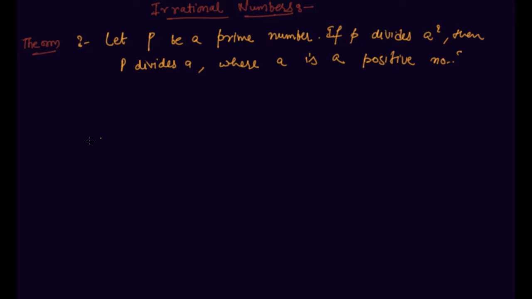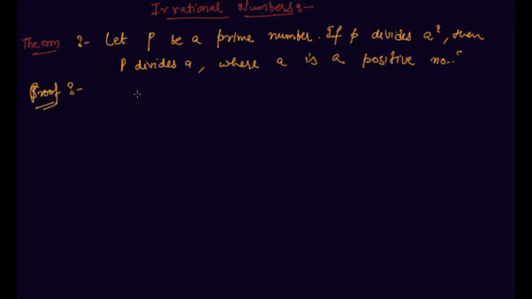This is a theorem. From now onwards, after proving the theorem, I will use this directly as a property in my next questions. So what is the solution or the proof of this theorem?